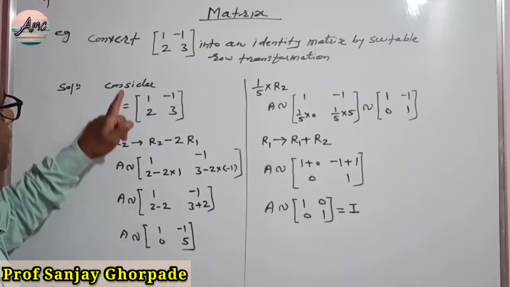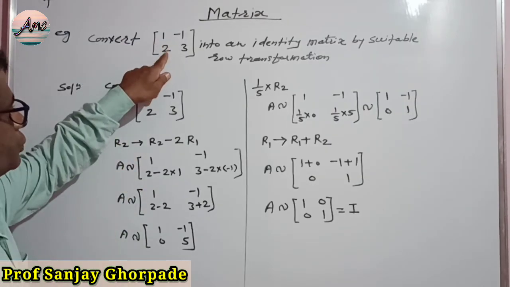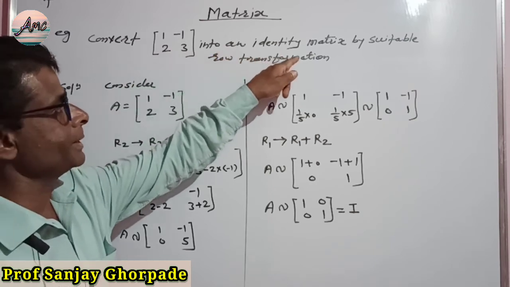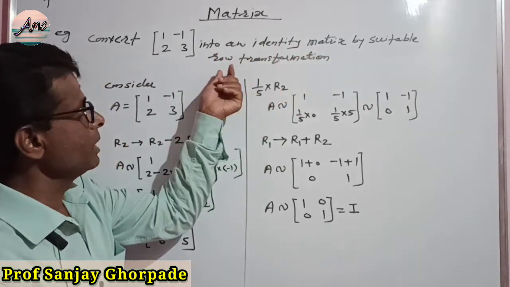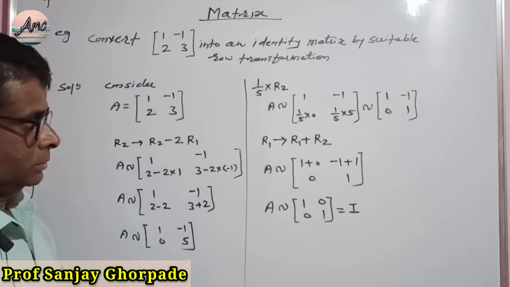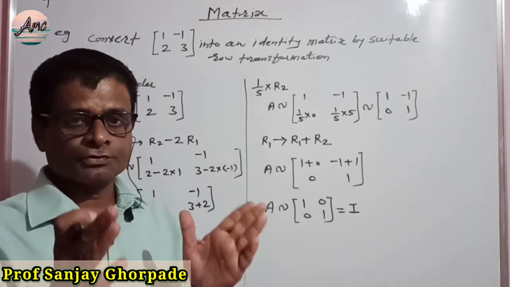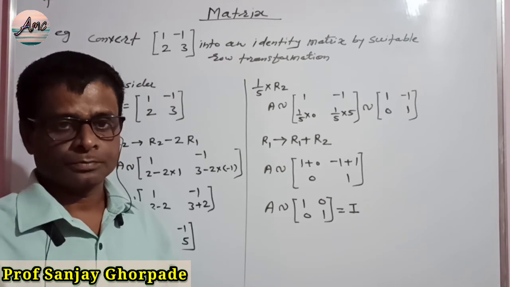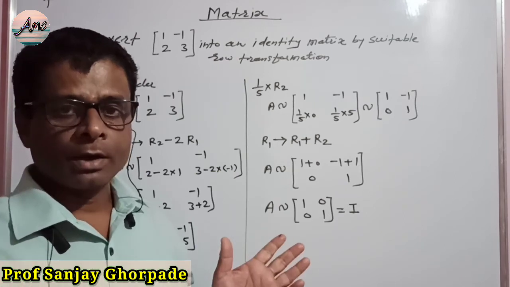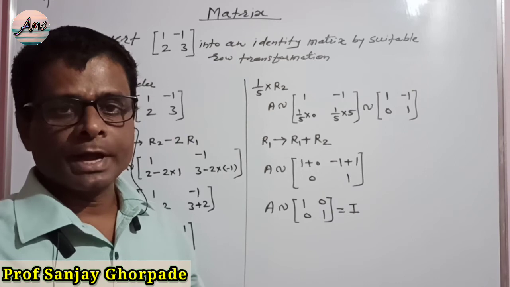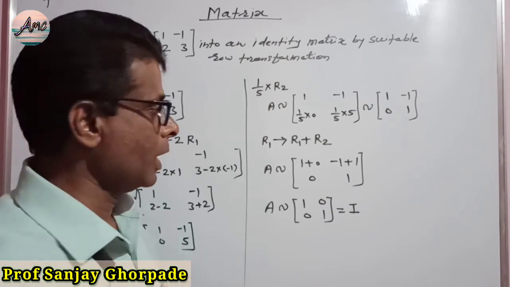Take the next example: convert the matrix 1, minus 1, 2, 3 into an identity matrix by suitable row transformation. What is the definition of the identity matrix? A square matrix in which all the non-diagonal elements are 0 and every diagonal element is equal to 1.